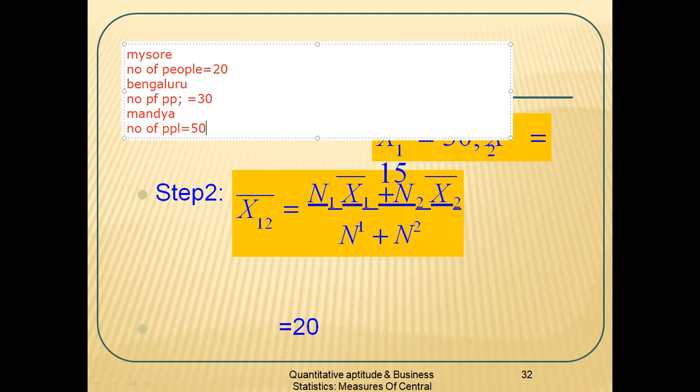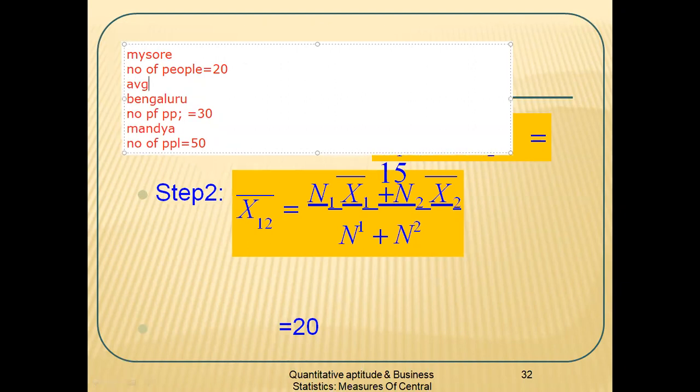Now, I have calculated the average speed of running by them in the 400 meters, or rather the average time taken to complete that 400 meters. Okay, so the average time taken has been calculated. The average time taken by the 20 people here is 7 minutes 20 seconds.